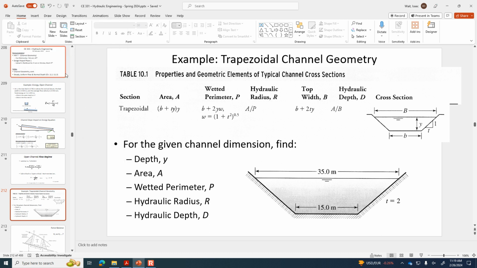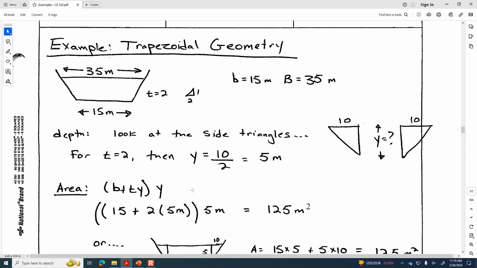Okay, so on the board we found that the depth is 5. So then the area, if the bottom width is 15, the side slope is 2, and the depth is 5, then the area, according to that formula that's given, is 125 square meters. This formula doesn't make a lot of intuitive sense to me.